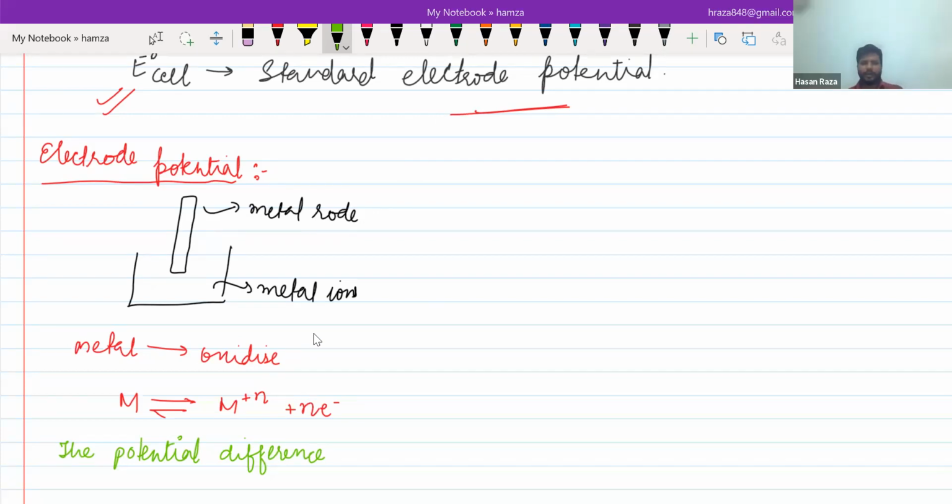So see, we have basically this potential. We need to calculate the potential difference and define potential difference. What is the potential difference?